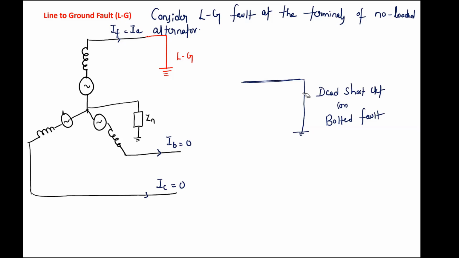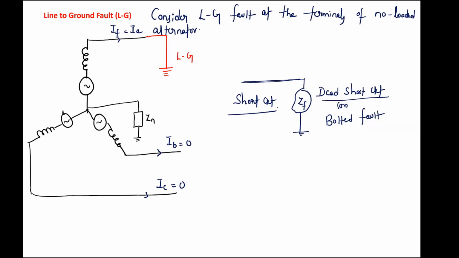Suppose the live conductor is touching the ground through some object, maybe it is falling on a tree, on a wall, or any other terminal box which has some finite impedance. Let us call this finite impedance of that body ZF. Then it is called a simple short circuit. So there is a difference between a dead short circuit and a normal short circuit.